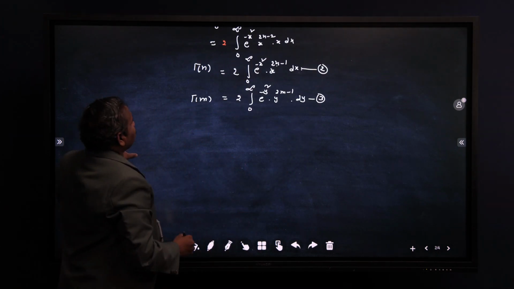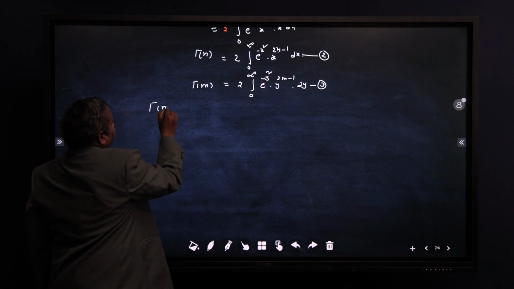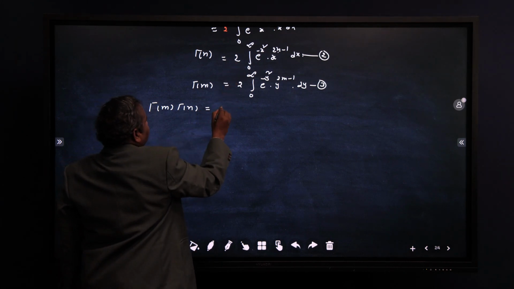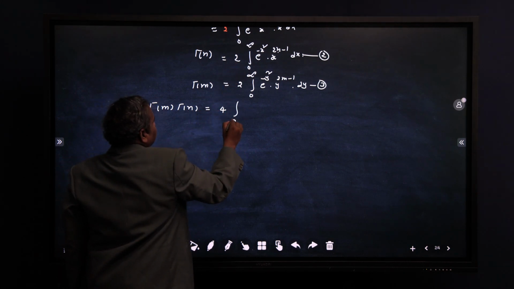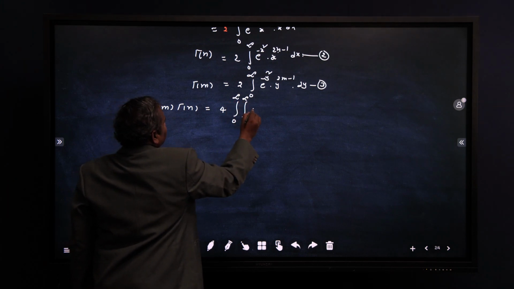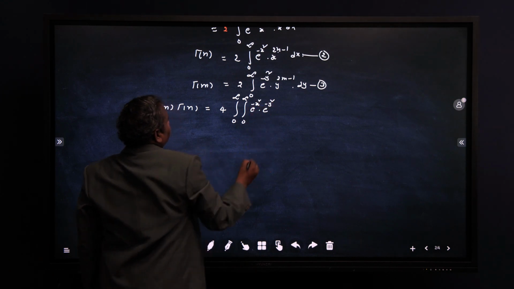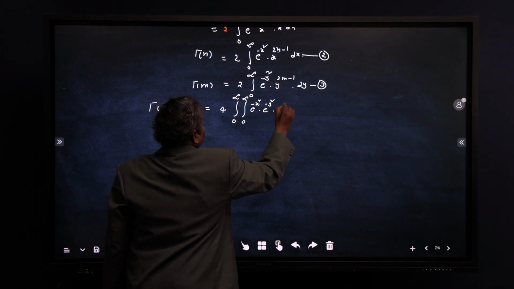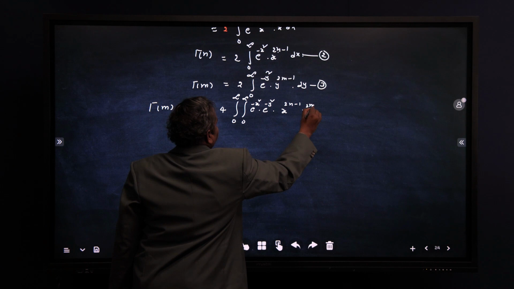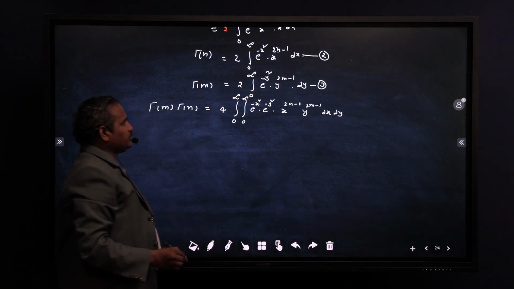Multiply these two equations, then gamma of m into gamma of n is equal to, left side 2 into 2, 4, integral 0 to infinity, 0 to infinity, e power minus x square into e power minus y square, x power 2n minus 1, y power 2m minus 1 dx dy.